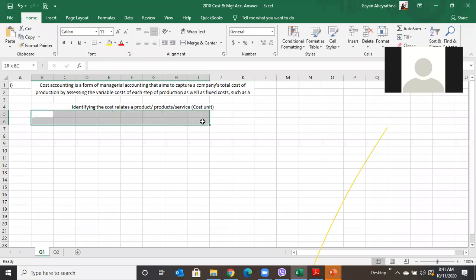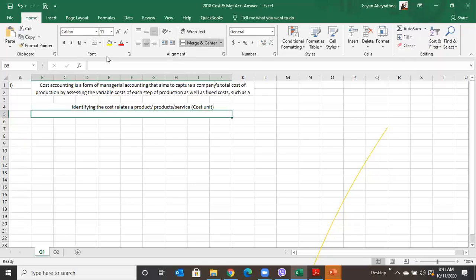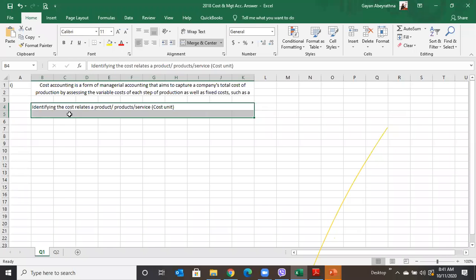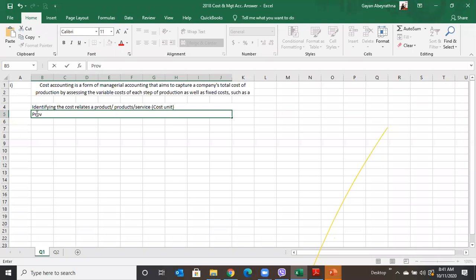Then in addition to that, we have discussed that when it comes to cost and management accounting, one of the main purposes is providing information for managers in case of decision making.